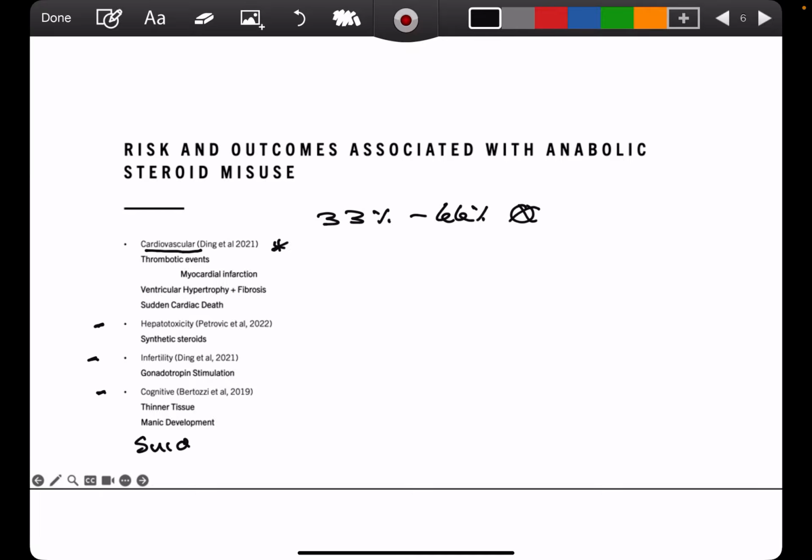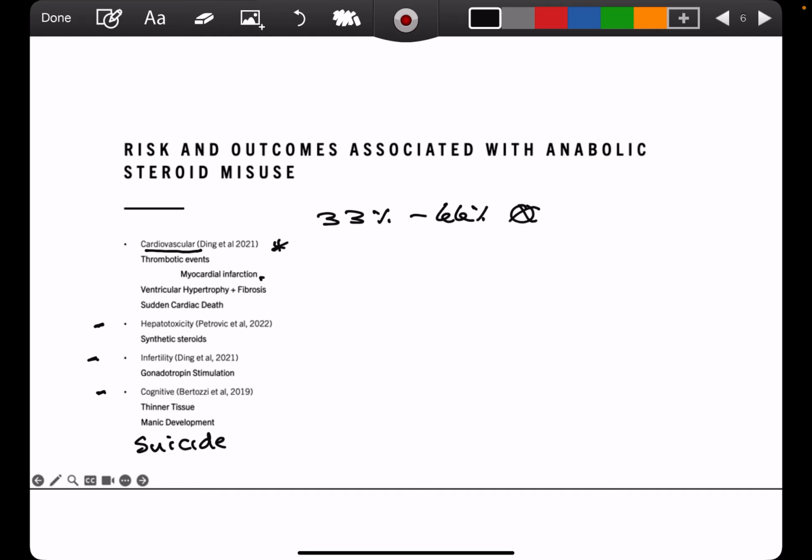I mean, infertility doesn't lead to death, but all these other issues, cognitive issues, and then you can throw suicide down here as well. Everything else accounts for the other percentages.